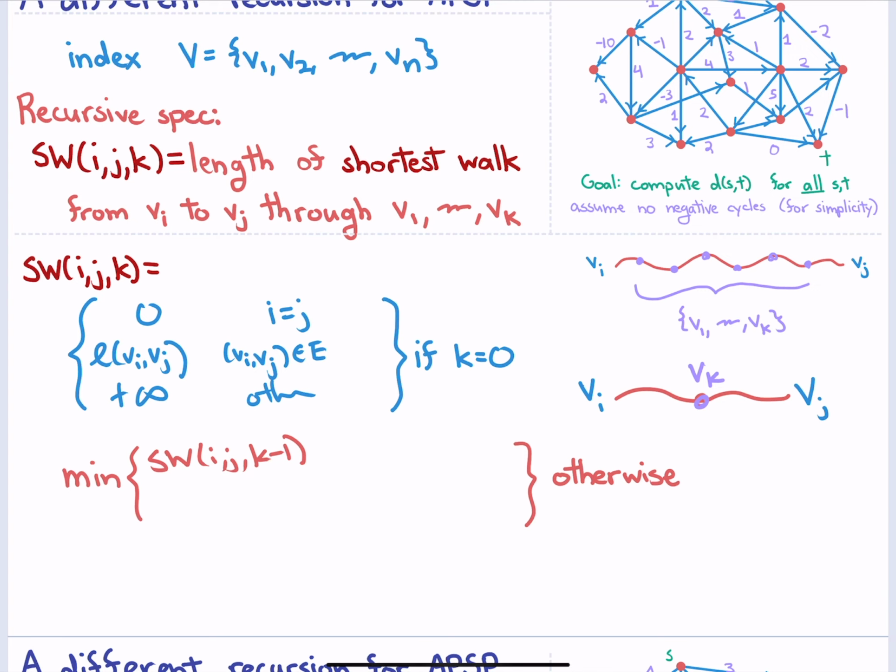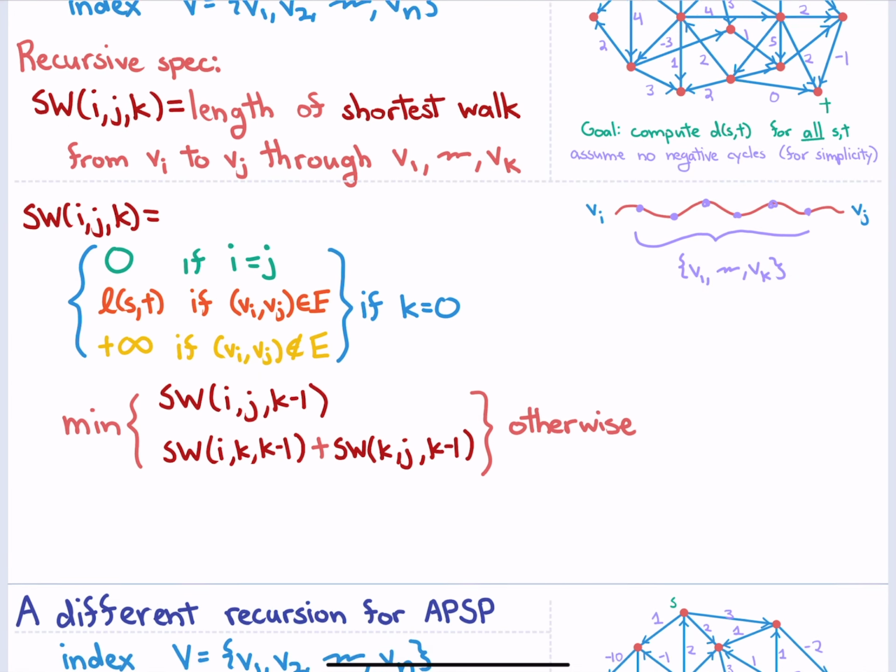All of these vertices are coming from the set V1 through Vk minus 1. Same with the other side. So we can do S(i,k,k-1) plus S(k,j,k-1). I'm trying to get to k using all the other intermediate vertices from previous rounds. That's the code.